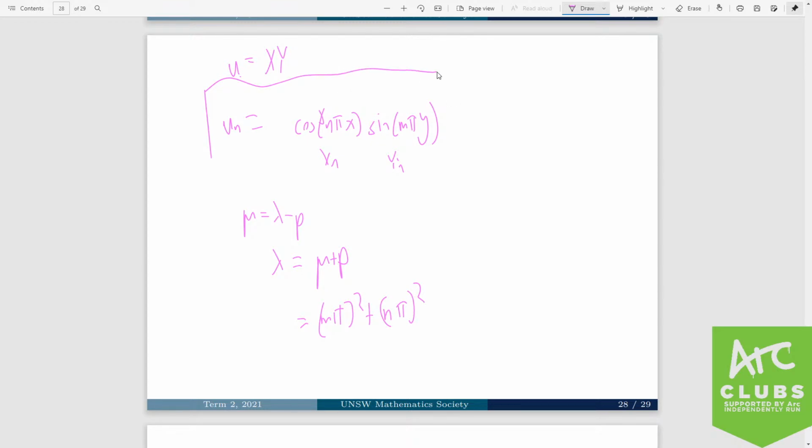So these are our eigenfunctions. We have m and n here. We have lambda for m and n, and these would be our eigenvalues. And that's all we needed to do for this solution.